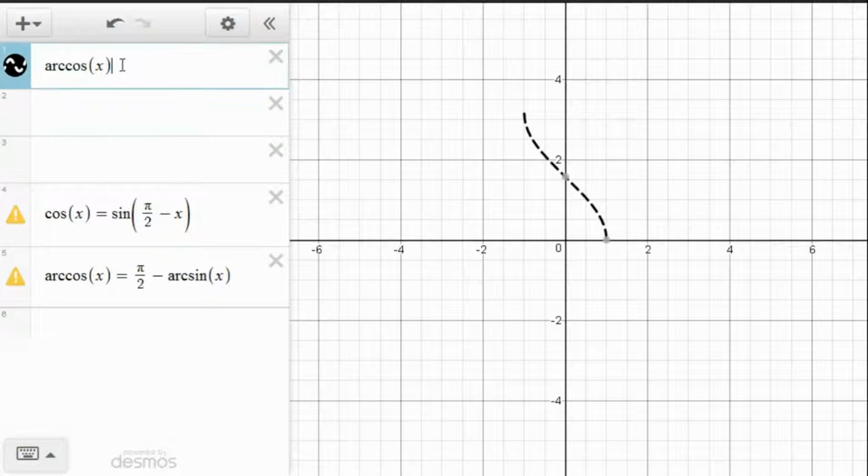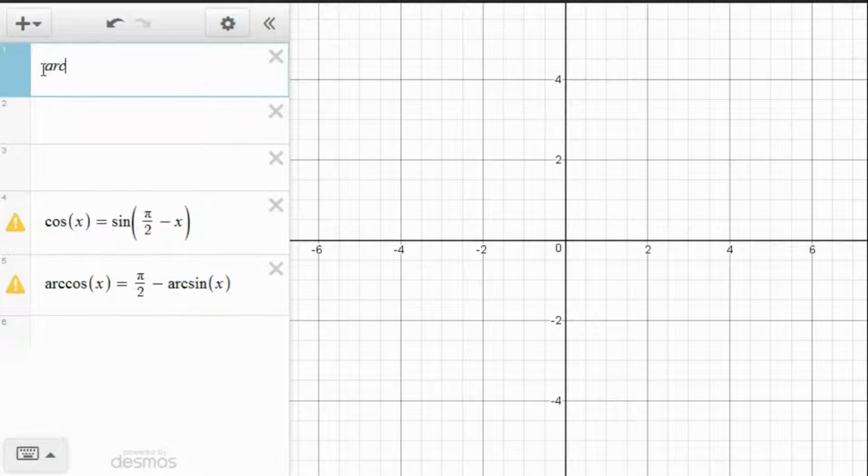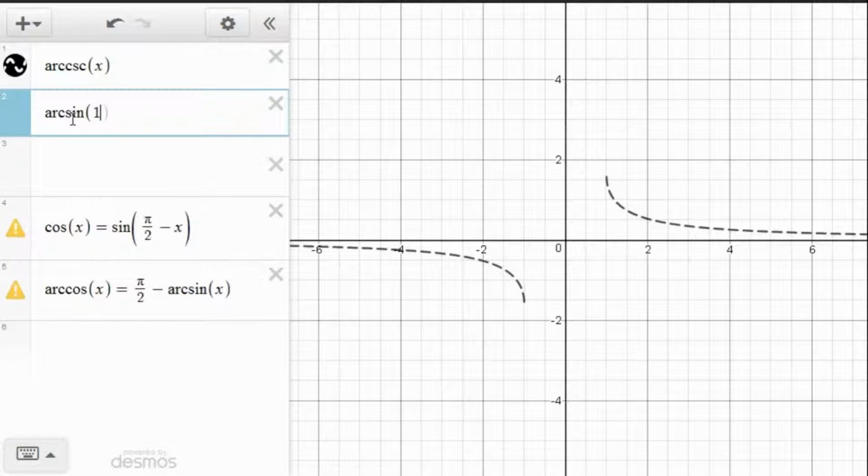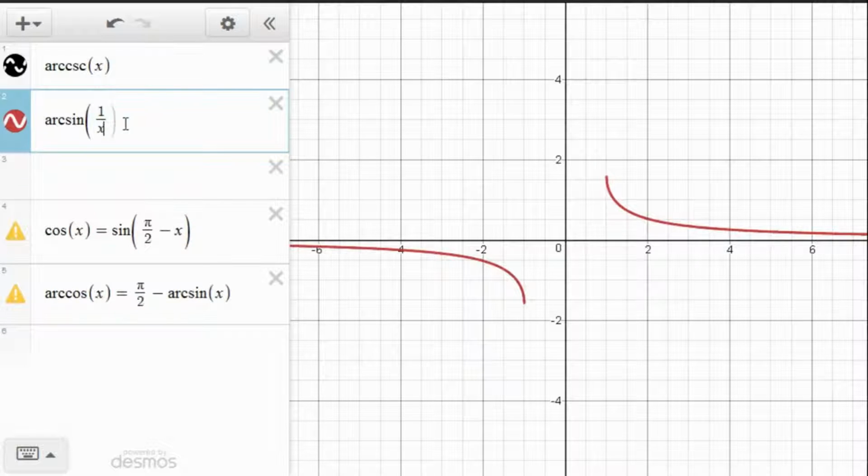And we can move on to, let's do arc cosecant of x, because again, cosecant and sine have an easy relationship. Cosecant is just 1 over sine, so if I take arc sine of 1 over x, I get the same curve, right? This was arc cosecant, and this here is arc sine of 1 over x. Same thing.